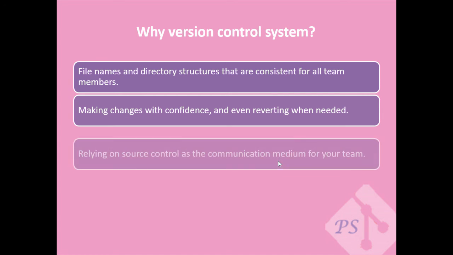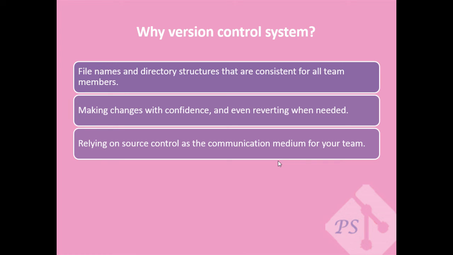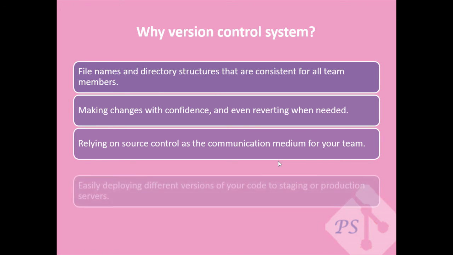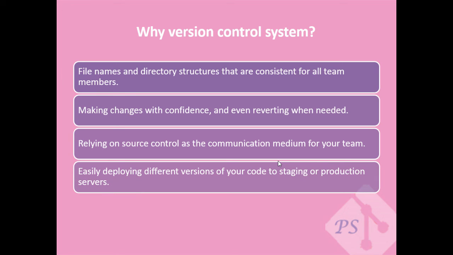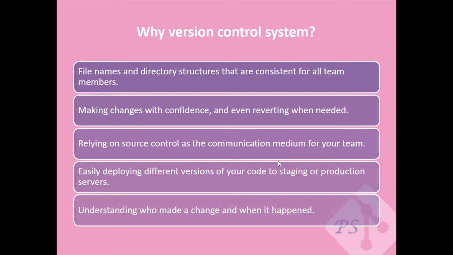Relying on source control as the communication medium for your team. Easily deploying different versions of your code to staging or production servers. Understanding who made a change and when it happened. This is exactly what you gain from a version control system.